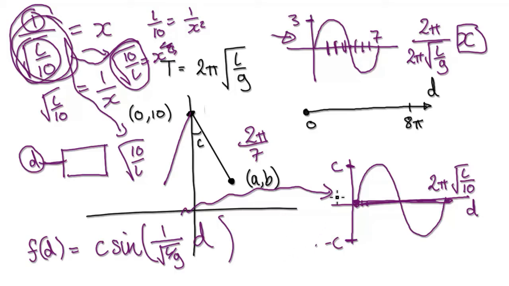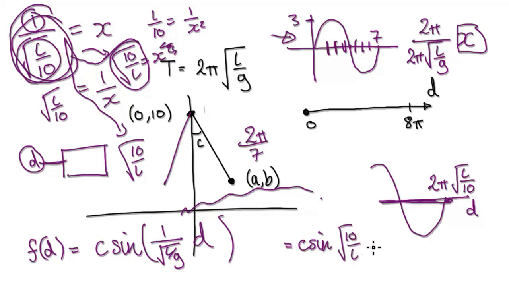So overall, it would be c sine, and then root 10 over L, and then stick a D in here. So this will then create our function earlier.